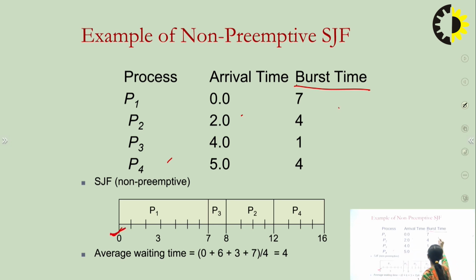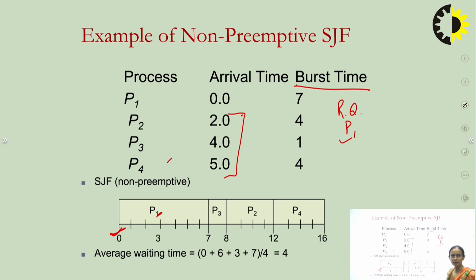At time 0 in the ready queue only one process is there, that is P1, because the others arrive at time 2, 4 and 5. Since only one process is in the ready queue, the scheduler can't make any decision, so it will execute this very first process. P1 got the processor.